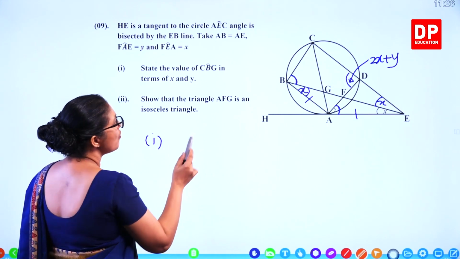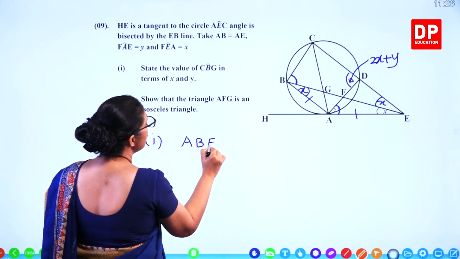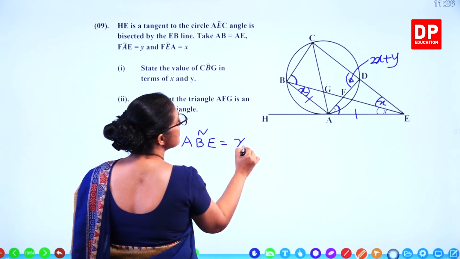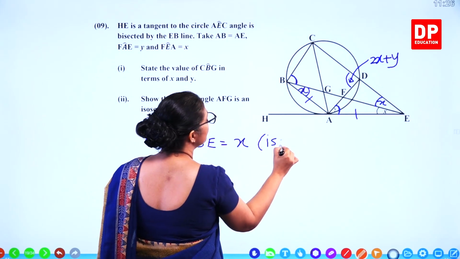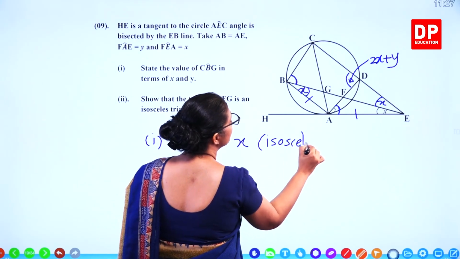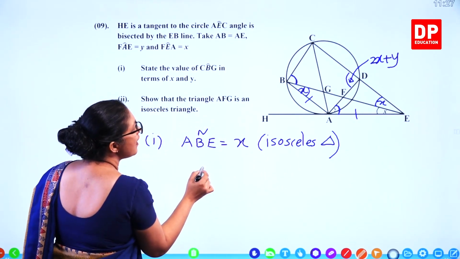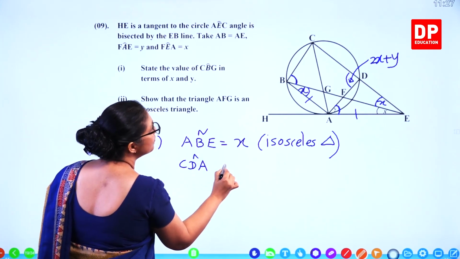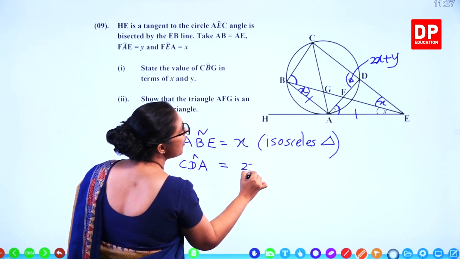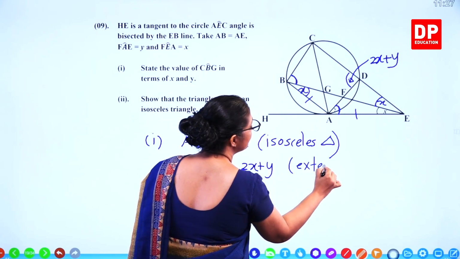So we'll write down all these. ABE angle is x, isosceles triangle. Then you can write CDA is 2x plus y, that's the exterior angle.